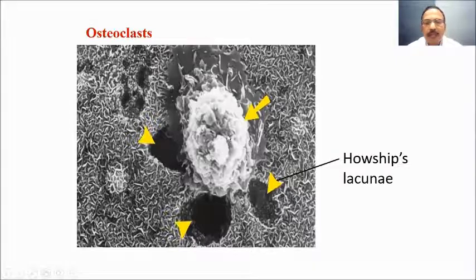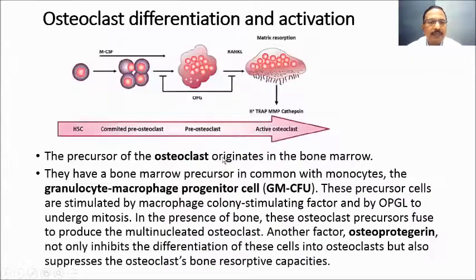Osteoclast cells. So how are the osteoclast cells formed? They are not coming from the mesenchymal stem cells, they are coming from the bone marrow. There is a precursor present in the monocyte lineage, which is called the granulocyte macrophage progenitor cell.